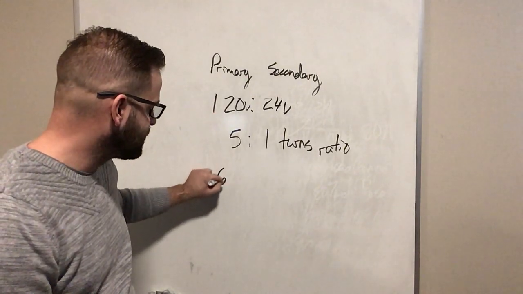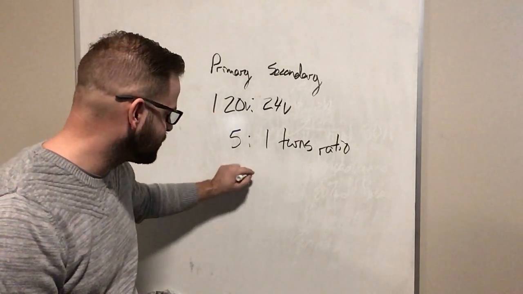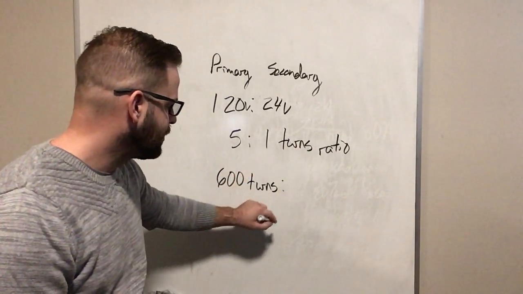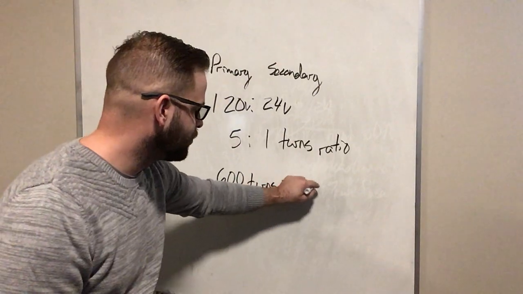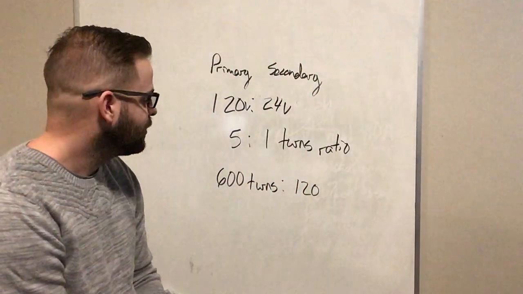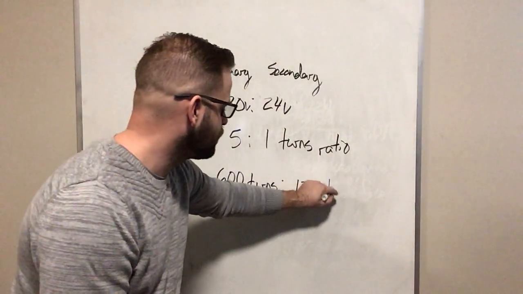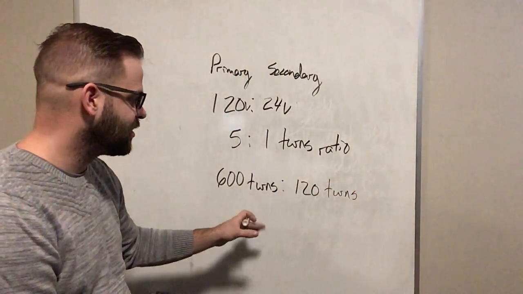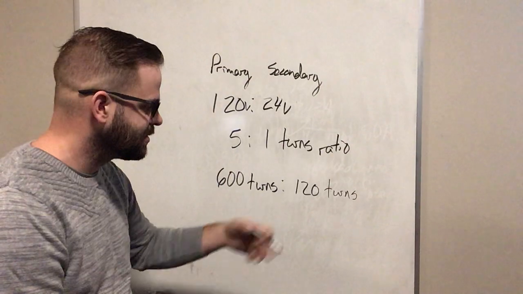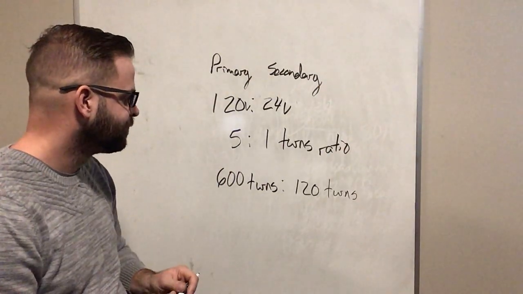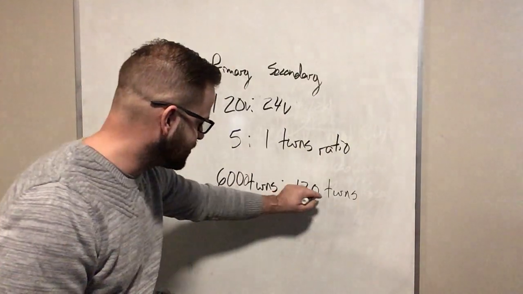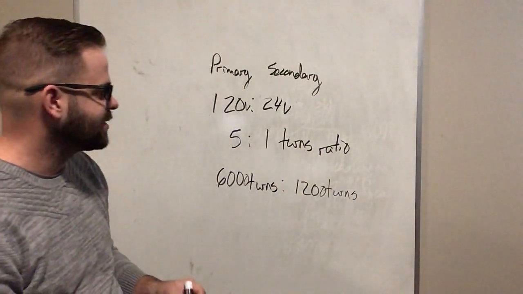So I could possibly have, let's say, 600 turns on one side and 120 turns on the other side. They're likely going to be a lot more, but it refers to the number of turns or windings inside that transformer. So it could even be 6,000 turns to 1,200 turns inside.